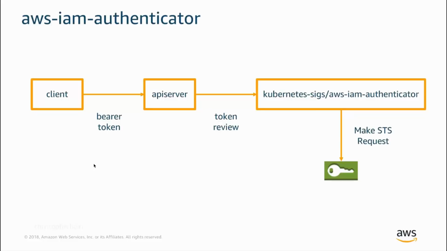The API server then makes a request to a pod running in the control plane, specifically the AWS IAM Authenticator server binary, and that takes the token, parses it, completing the request to the AWS STS API to validate who the user is that's making the request, and it returns back a true or false to the API server for whether that user is authenticated.